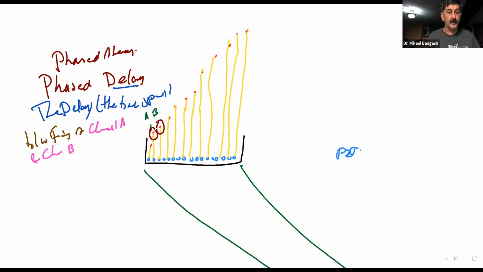Where we can say A will fire first, followed by B, followed by C, followed by D, followed by F. Probably not one of my ABCs, but you get the point, right? So the time between the firing of consecutive PCTs is what we'll call the phase delay.